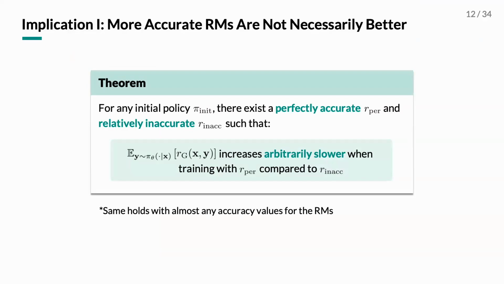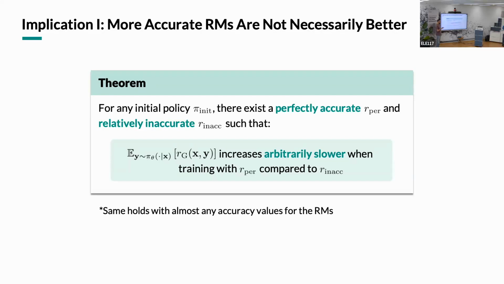Then you're saying that for any initial policy, there is a perfectly accurate reward which comes from the original preferences. Usually in reinforcement learning, you just have an environment which includes the reward, that's given to you, and your goal is to optimize this reward.